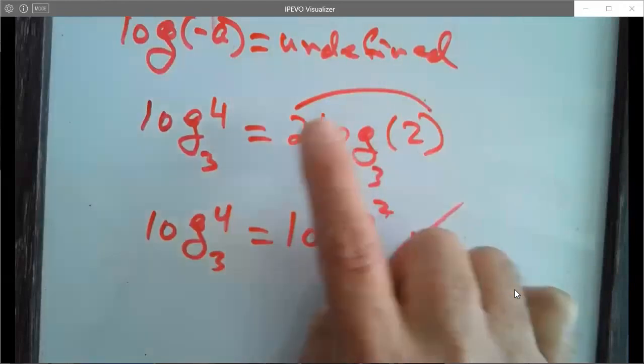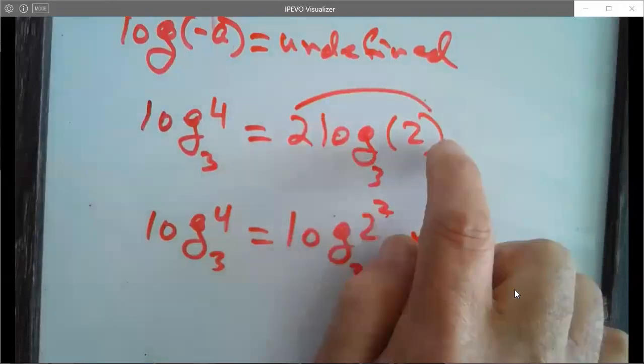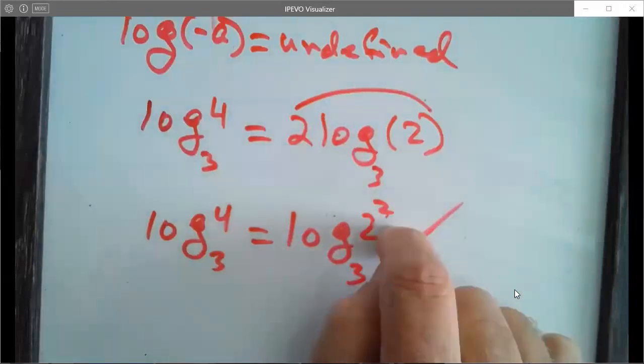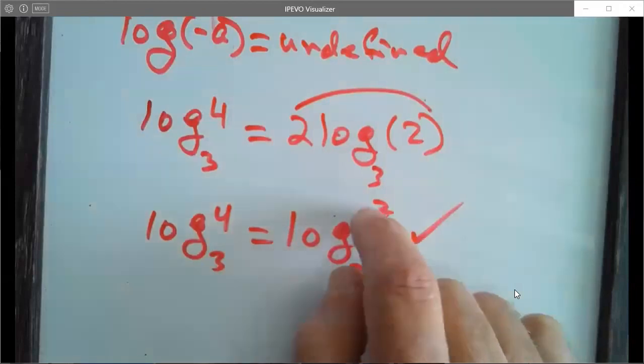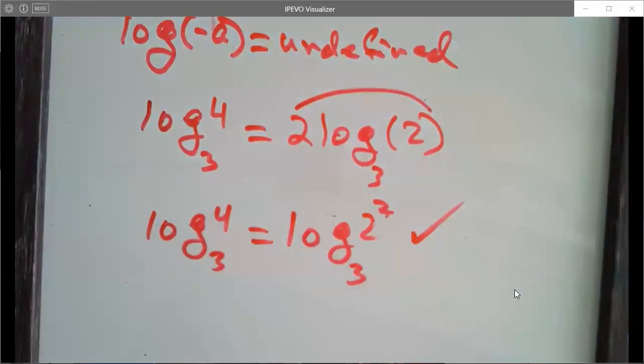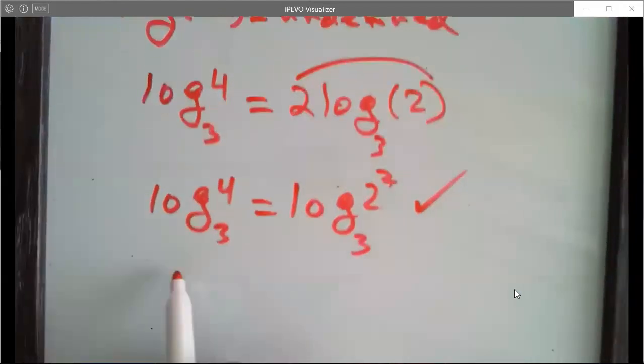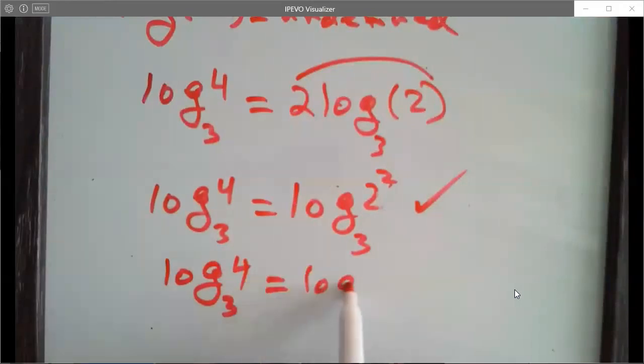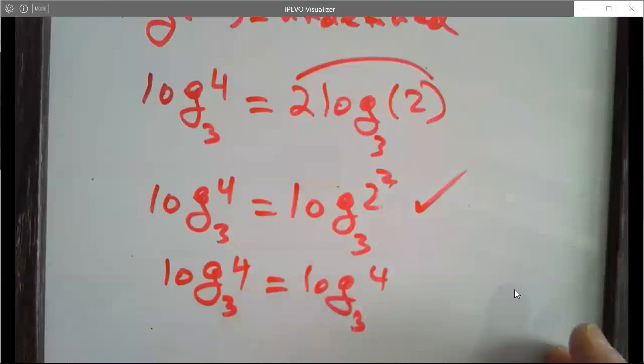So now you can move the 2 up as an exponent, and you get log 2 to the second base 3. So 2 squared is 4, right? So we're saying log 4 base 3 equals log 4 base 3. Does that help? Yes, sir. Okay, good. Any other questions?